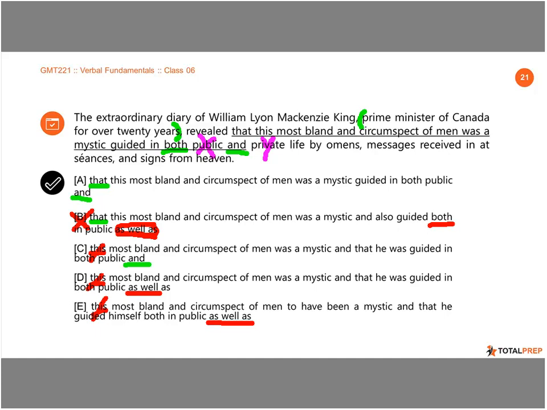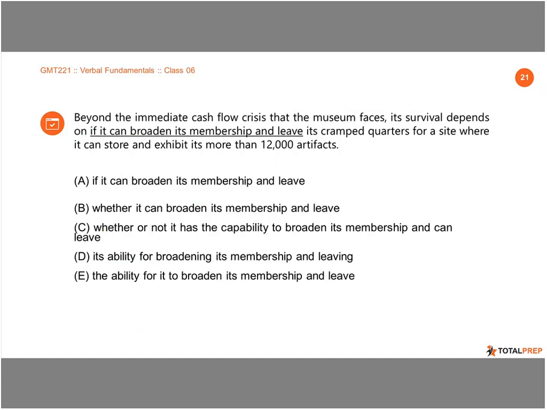And all of them are not parallel, okay? On letter C, you have both and, that's cool. However, you don't have the word that. D and E, you have both as well as, both as well as. They are not idiomatic. So that's why it's wrong.